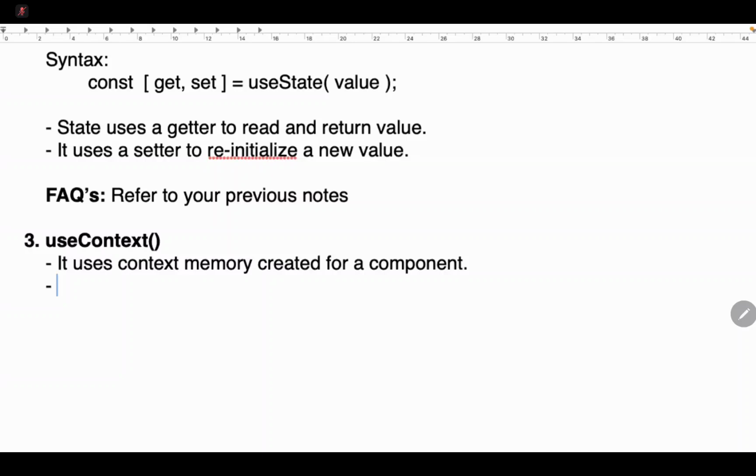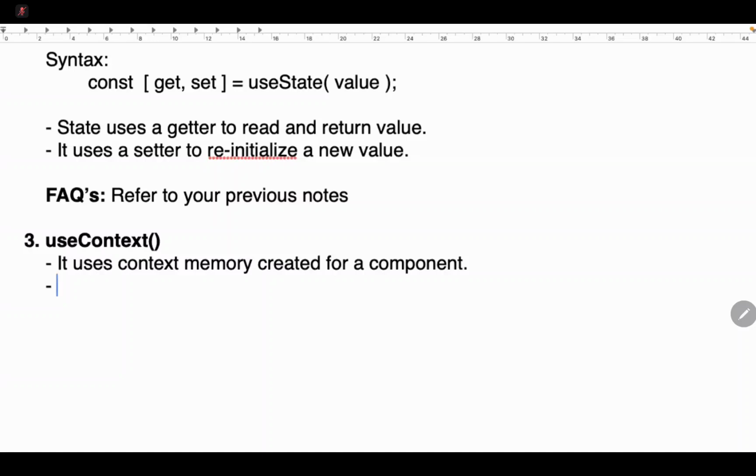Even in general web applications, every page has a context memory. The context memory is the memory of a page which is accessible to the other pages which run inside the page. That means, why did we discuss this point? For which solution did we learn this? For a problem called props drilling, right?